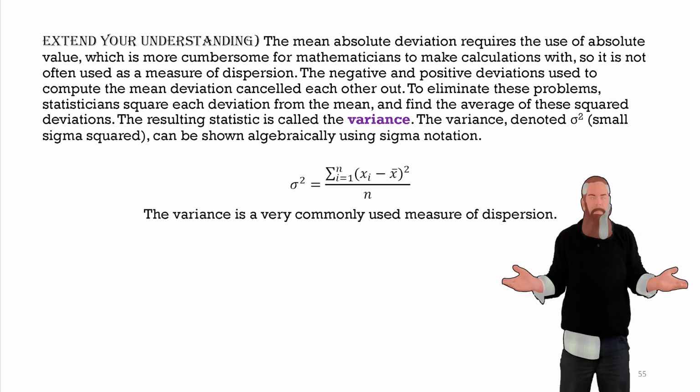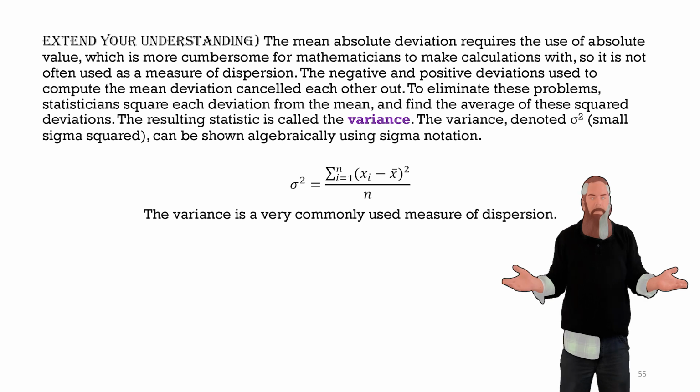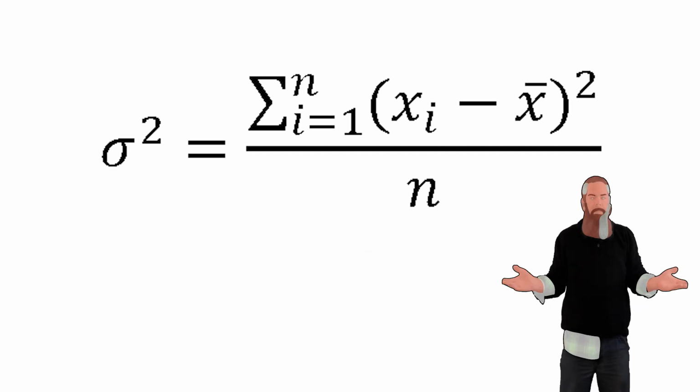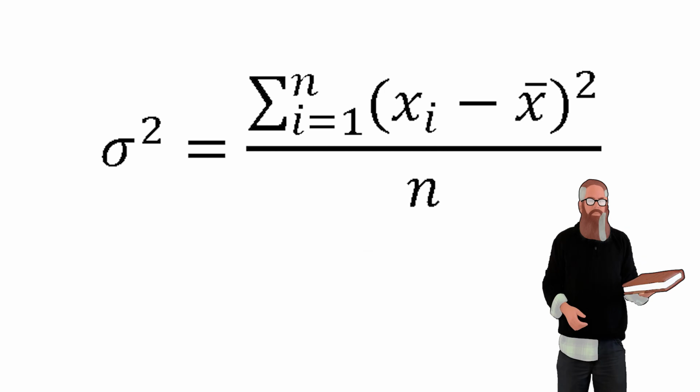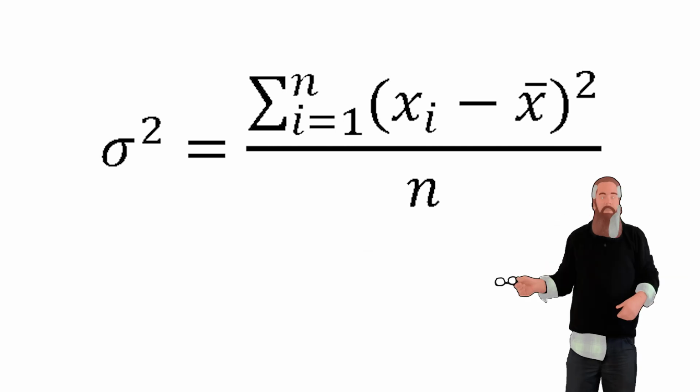To eliminate these problems, statisticians square each deviation from the mean and find the average of these squared deviations. The resulting statistic is called variance. The variance, denoted by this funny little symbol, a small sigma squared, can be shown algebraically using sigma notation, as you can see here. The variance is very commonly used to measure dispersion.